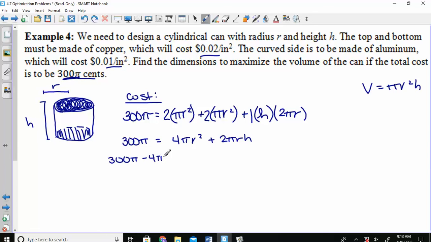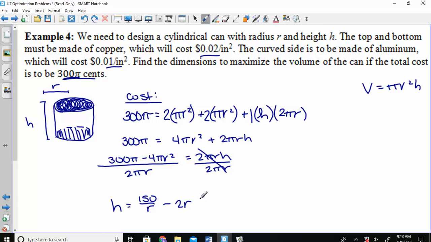So we can subtract over and divide by 2 pi r. I'll reduce these. 300 pi over 2 pi r will be 150 over r minus 4 pi r squared over 2 pi r. It's just 2r.